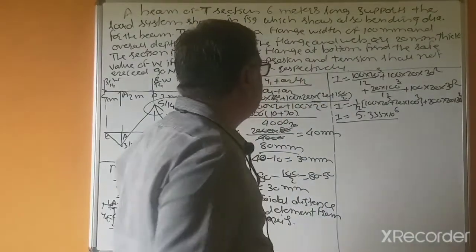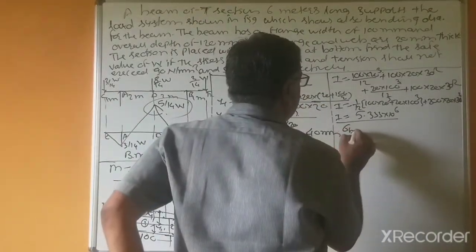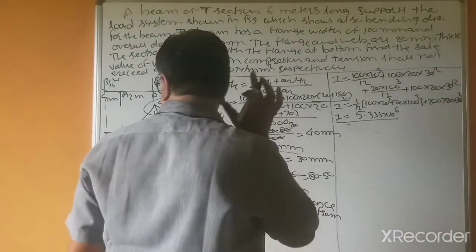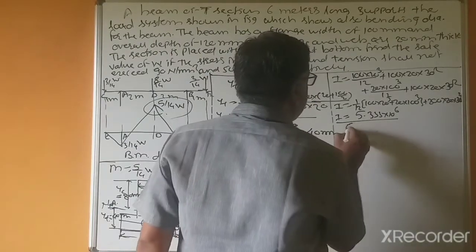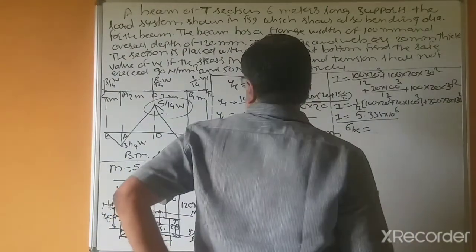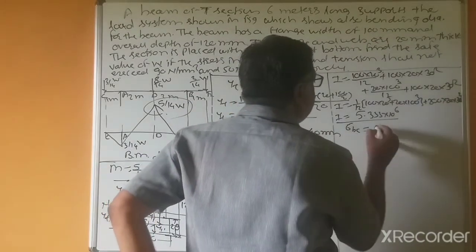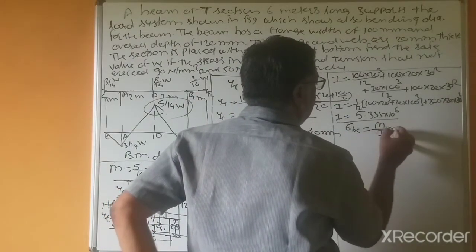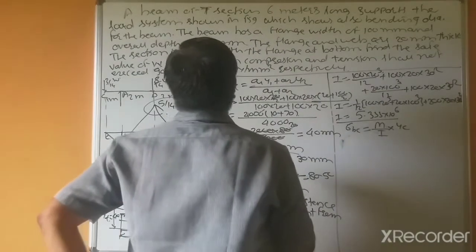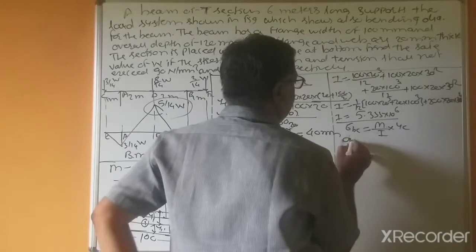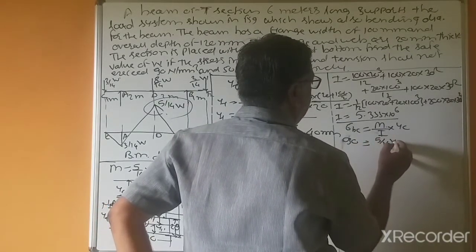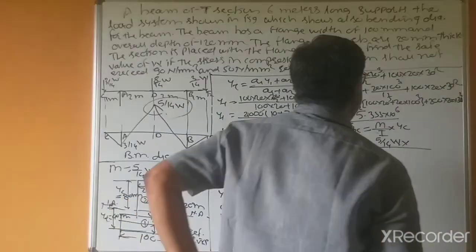So sigma BC equal to, maximum moment, M divided by I multiplied by YC. Sigma BC equal to 90 given, moment maximum 5 by 14 W into YC.